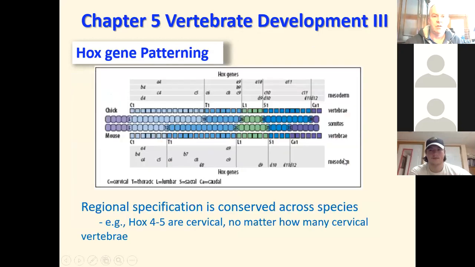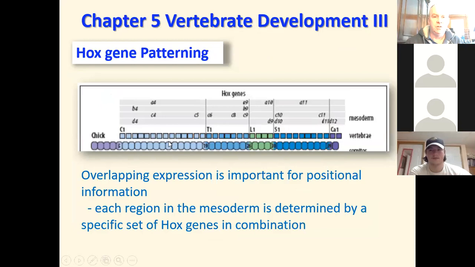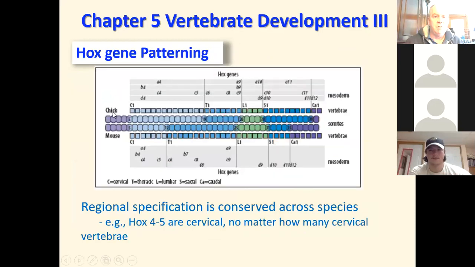And different combinations of Hox genes will give you different AP areas of your body, right? And the same combination of Hox genes will give you the same spot in all your different phylogenetically related organisms.